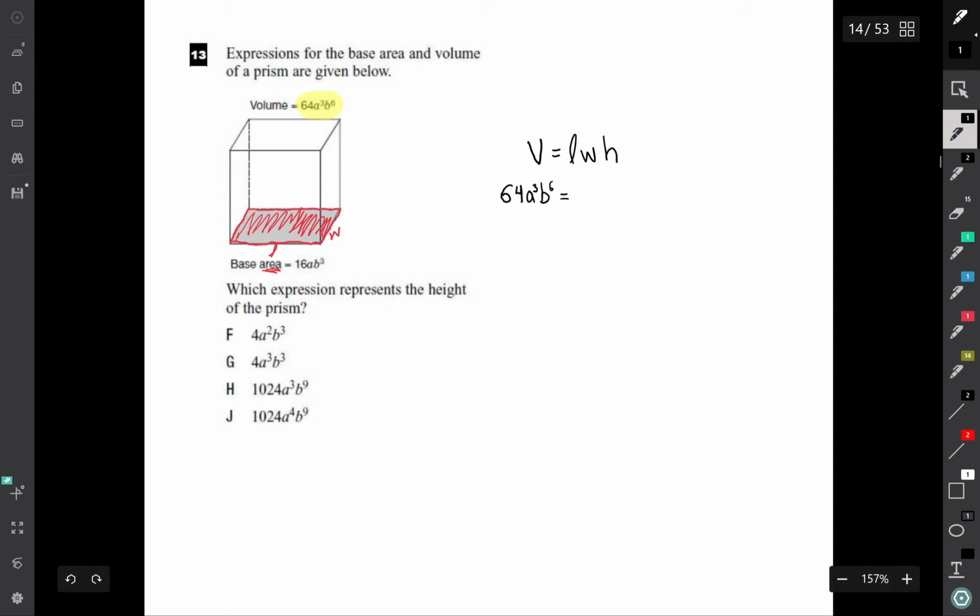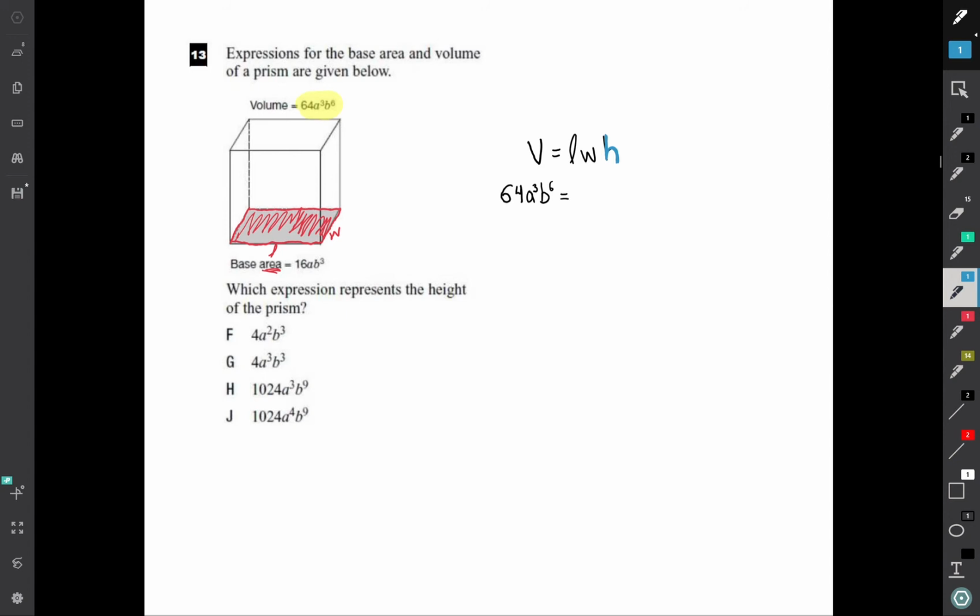Now, let's think about what we do know about the right side of our equation. We're trying to find h, right? We're trying to figure out which expression represents the height of the prism.